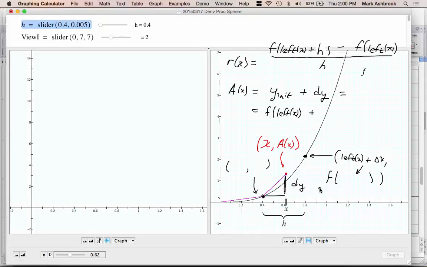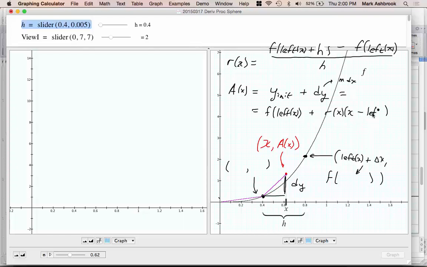How do we calculate dy? Dy is the same as the rate? Right, it's rate times dx. And so the rate is r of x. And how do we express dx now?